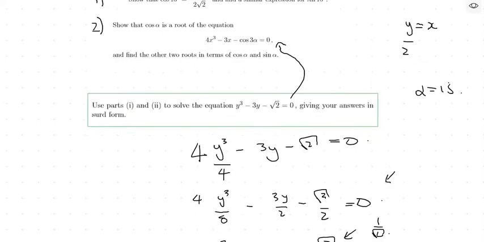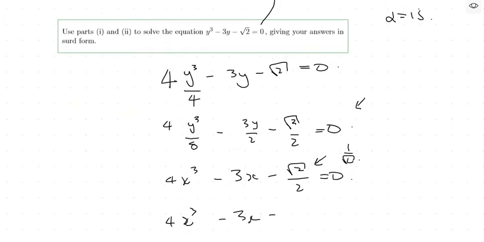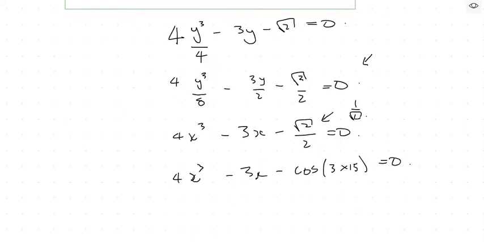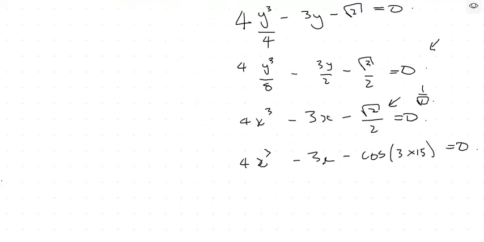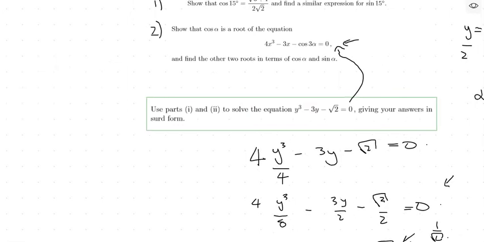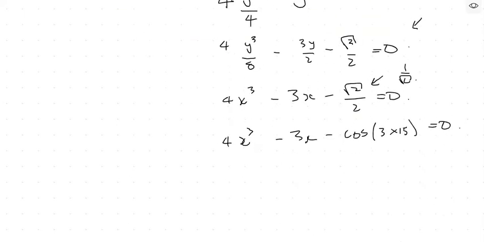So when alpha is 15, we've got cos of 3 times 15, which is cos of 45, which is 1 over root 2. So this is cos of 3 times 15.